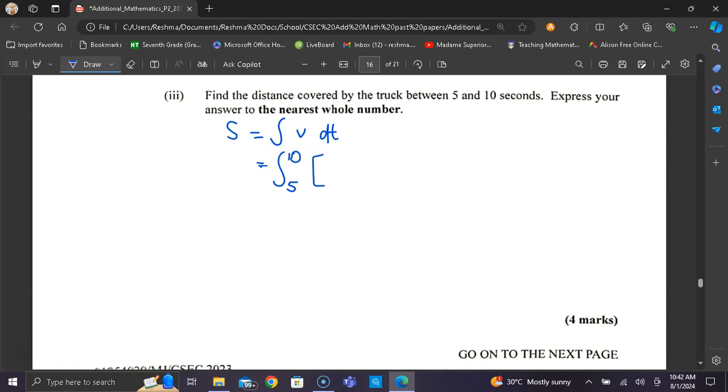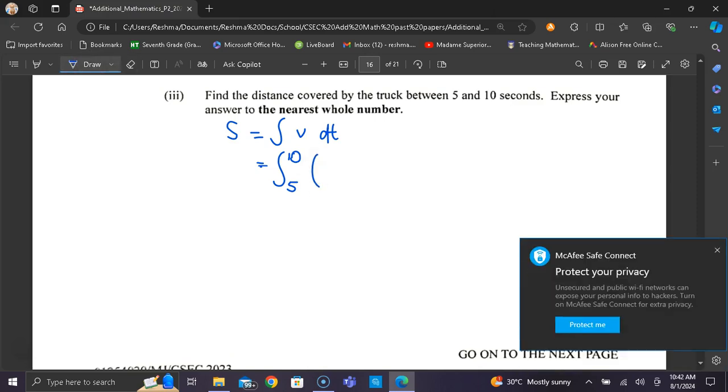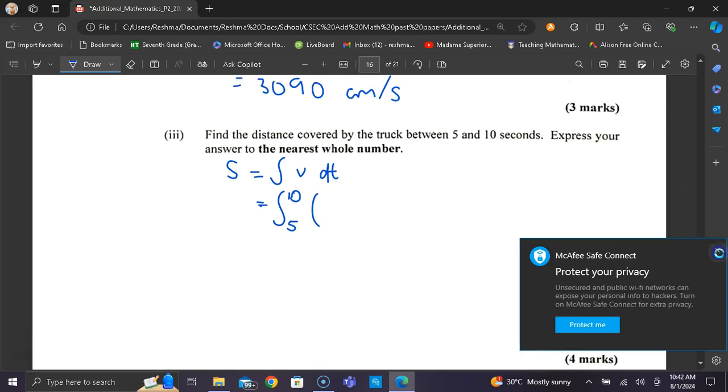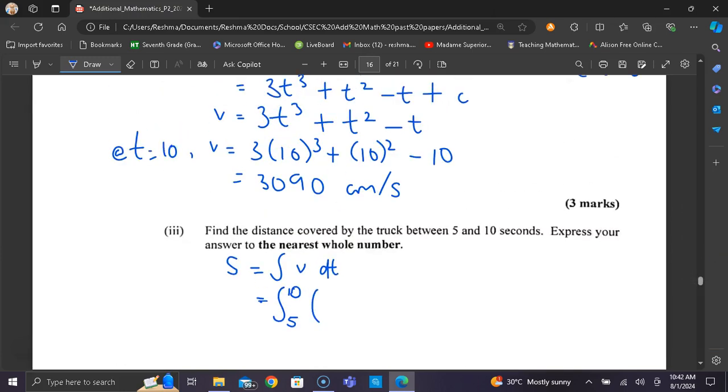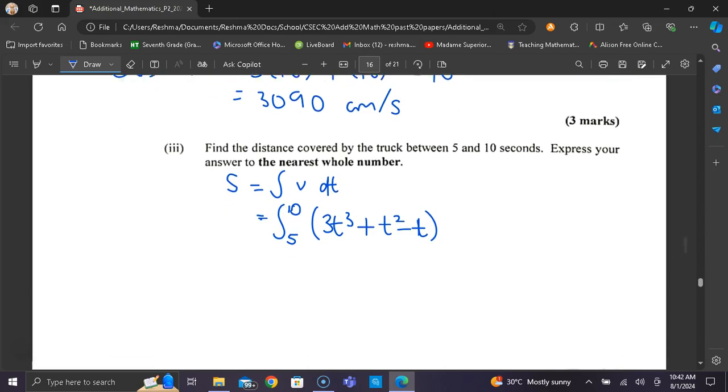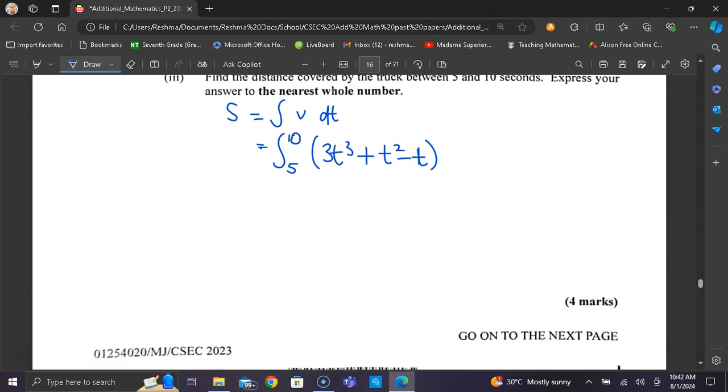So therefore the lower limit is 5 and the upper limit is 10. So I'm not using square brackets yet. Let's substitute our expression for v, speed. So it's 3t cubed plus t squared minus t. Okay, so we're going to integrate that between our limits to find the distance.